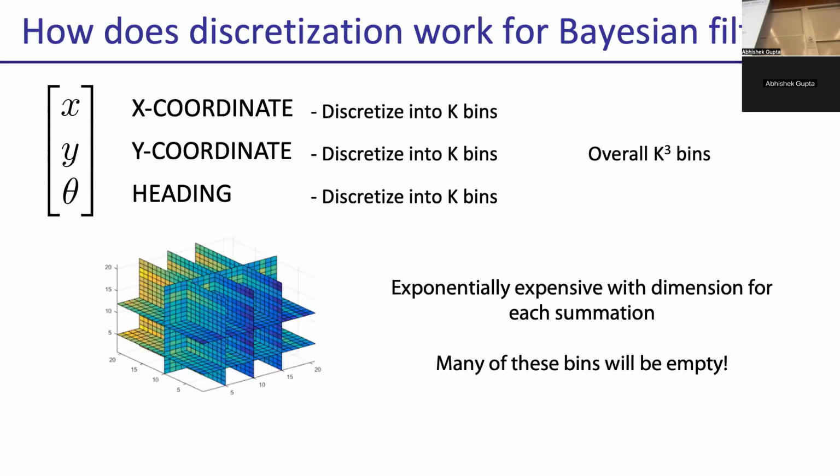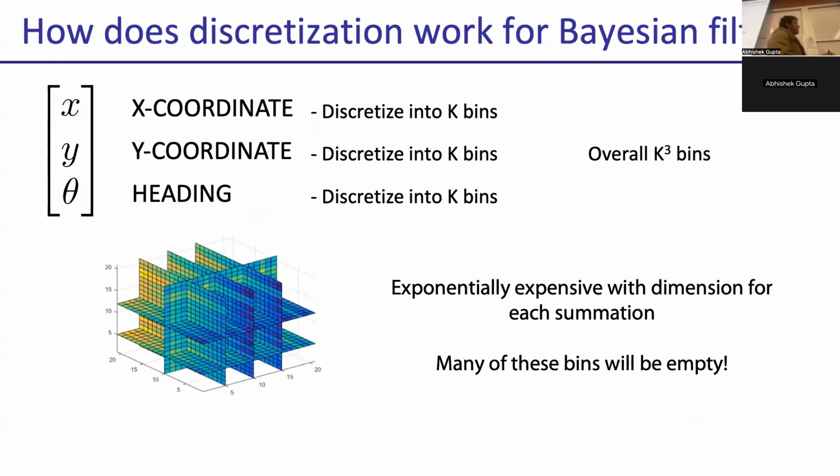Okay, so the thing to notice here is that the car is in one spot, right? It's in one spot and there'll be some uncertainty around it. A lot of the bins are empty, right? If I look at a k by k by k by k tensor of discretization, the car will have some probability in a few of the boxes, but a lot of the entries will be zero, right?